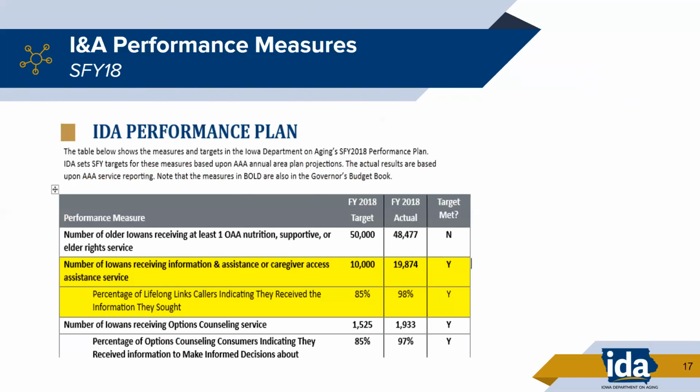This slide shows the performance measures, targets, and actions that are included in the department's performance plan related to INA. IDA, or the department, sets targets that are based upon targets that each area agency includes in its area plan, and the actions determined from area agency actions.